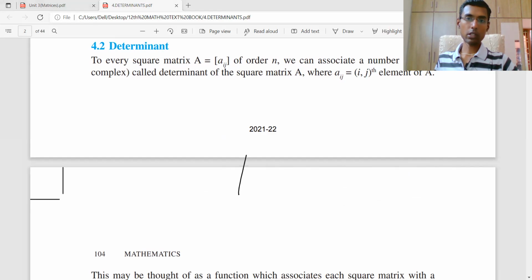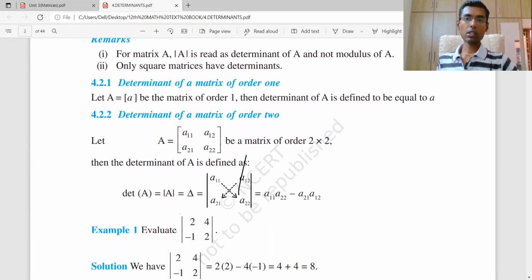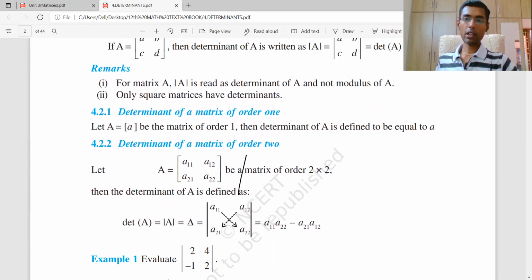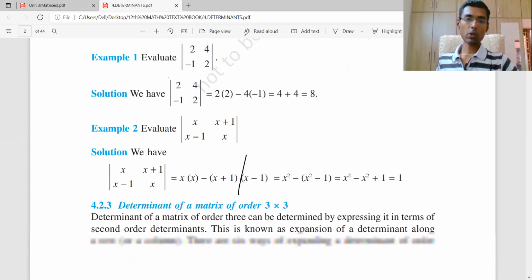So we discussed the determinant of a matrix of order 1, which is directly defined: det A is A. For order 2, AD minus BC, I told you.